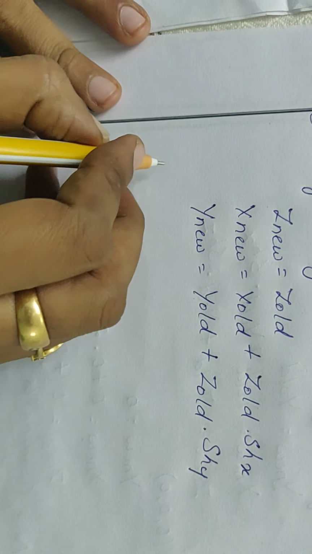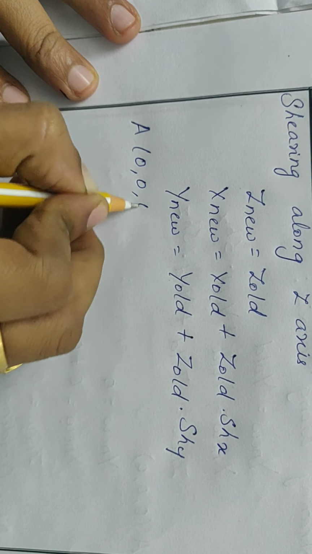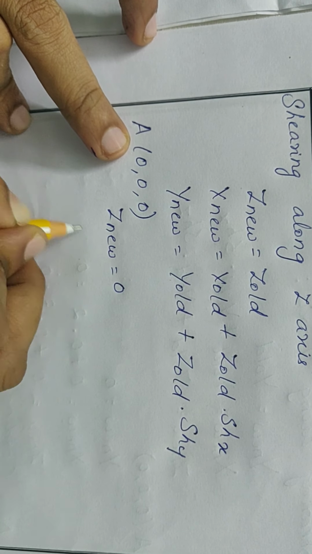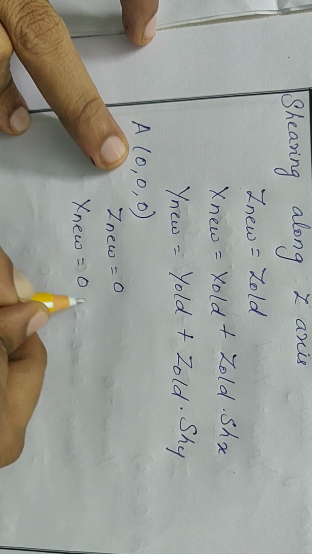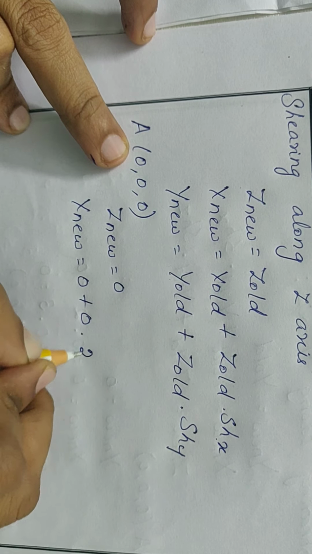So for the first endpoint, A is equal to 0, 0, 0. Z new is equal to z old, 0. X new is equal to x old 0 plus z old 0 into shear factor along x axis, it is 2.